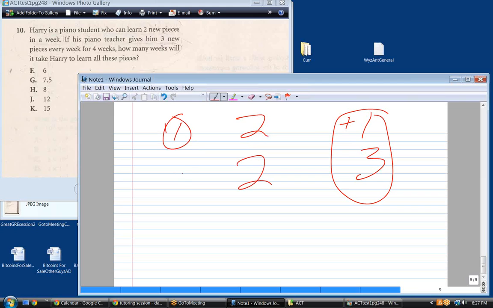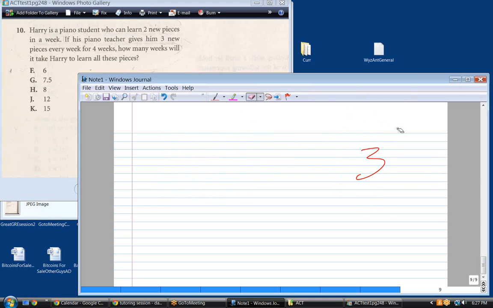So there's week 1. You see how much harder this is going to be if I try to do it this way? In other words, if I try to work chronologically through each week, how many I've done, it becomes a nightmare to solve.